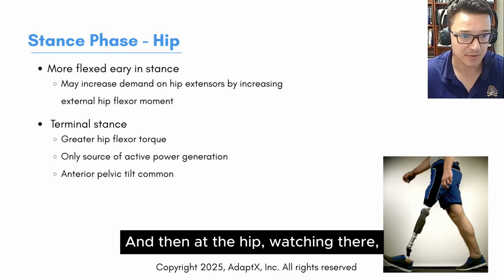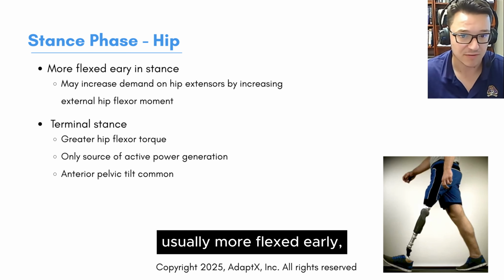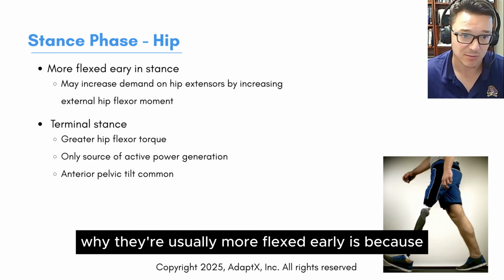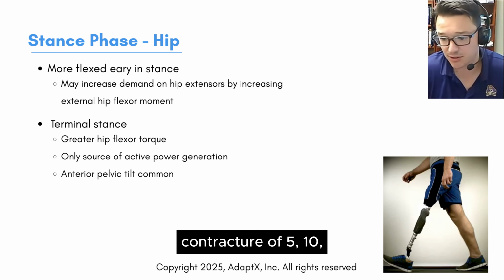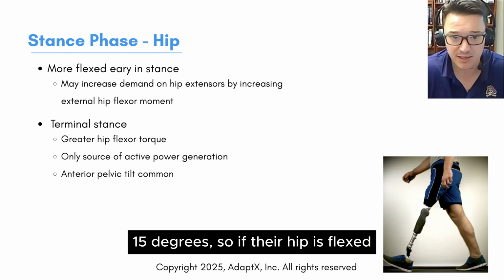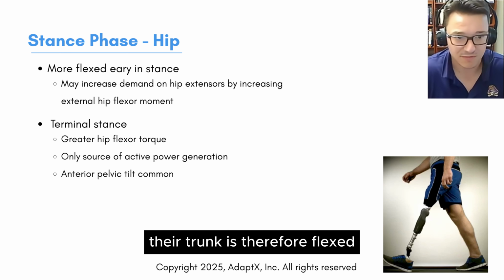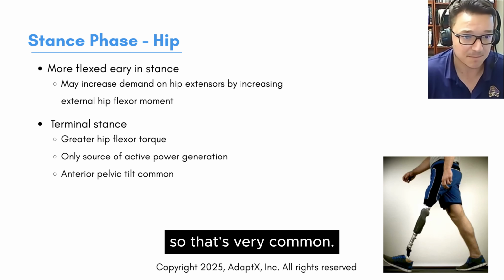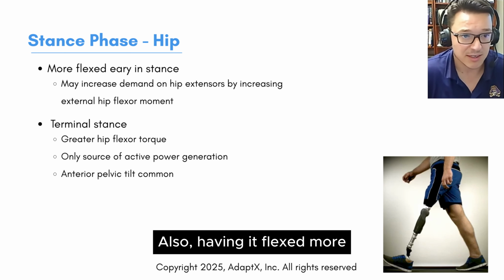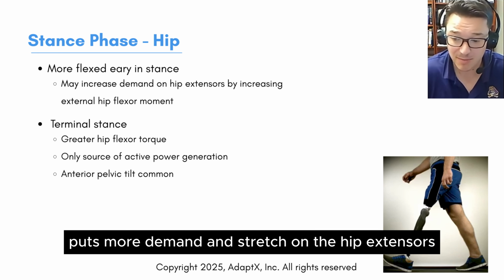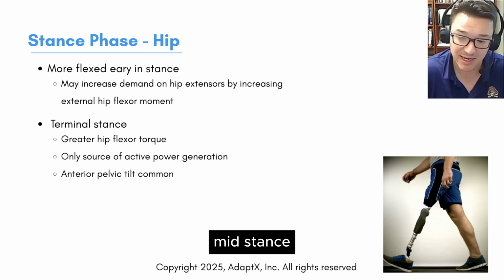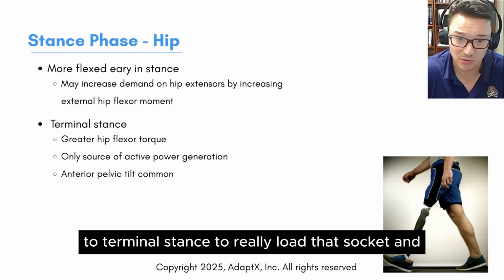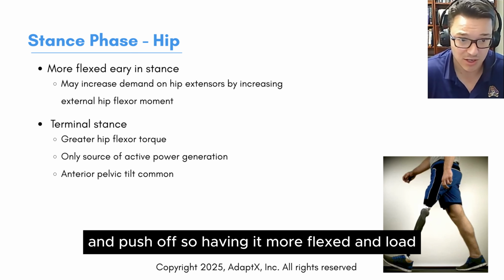And then at the hip, watching there, usually more flexed early. Why they're usually more flexed early is because typically there's some form of hip flexion contracture of 5, 10, 15 degrees. So if their hip is flexed, their trunk is therefore flexed. So that's very common. Also, having it flexed more puts more demand and stretch on the hip extensors, and they use those hip extensors in mid stance to terminal stance to really load that socket and push off.